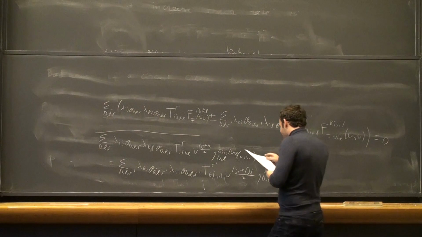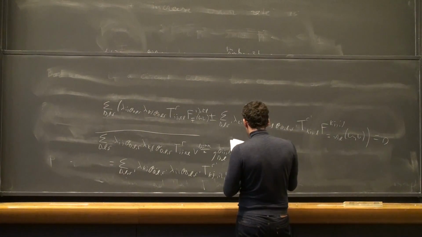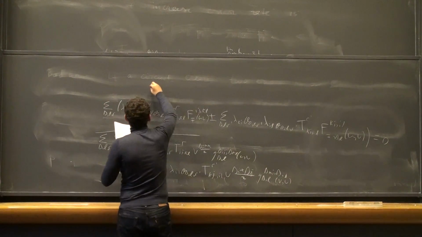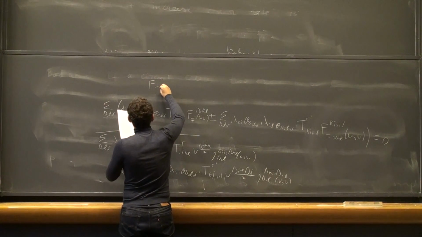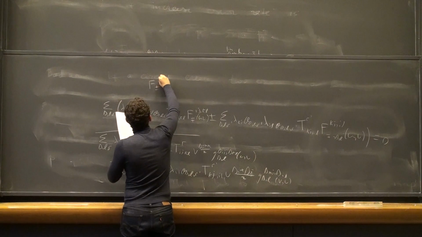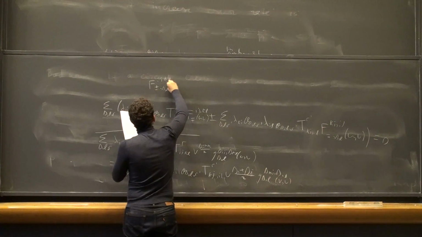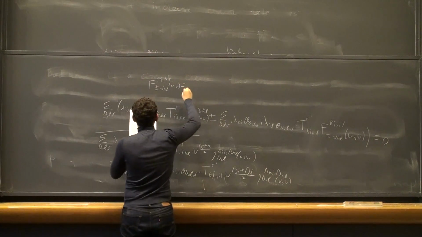Okay, where these crossing functions f are defined analogously to what we had in previous lectures as follows. So f plus minus ijkl. So these are like mixed crossing functions, in contrast to the single correlator ones we had in previous lectures.